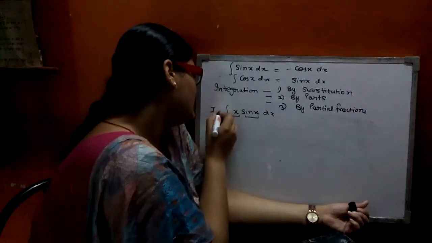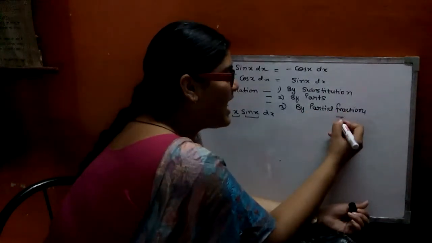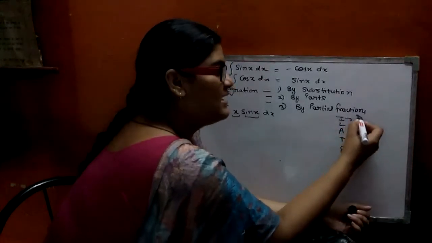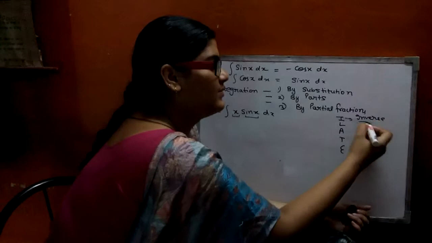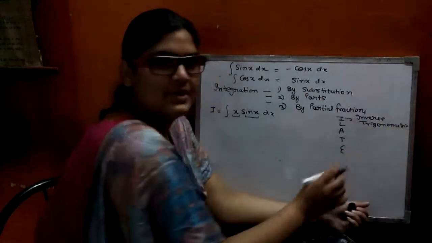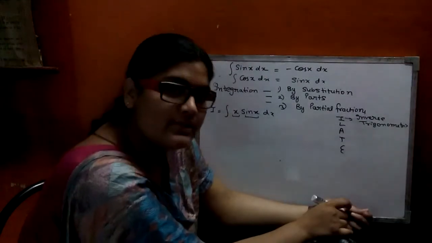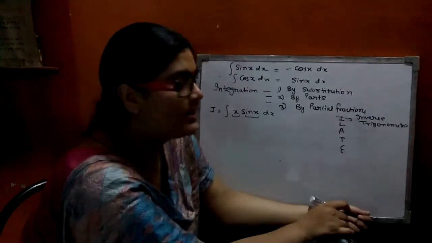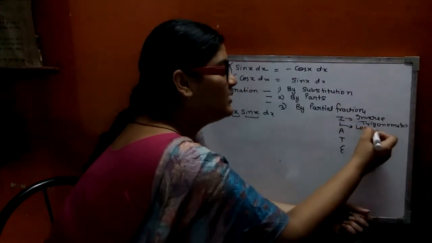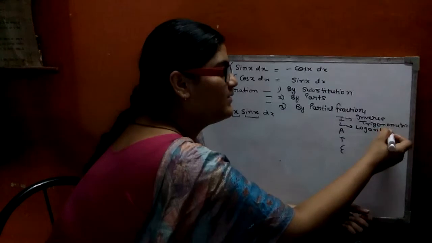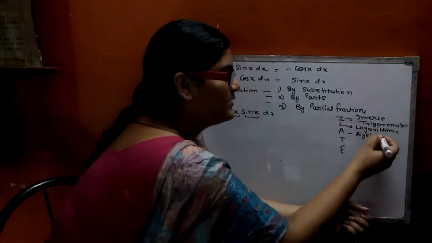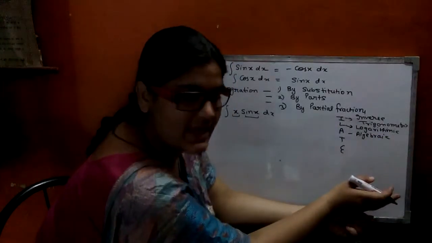Listen to me. The trick is ILATE. I is inverse trigonometric functions, like sine inverse x, cos inverse x, tan inverse x, cot inverse x, etc. L is logarithmic function, log x, etc. A is algebraic, x square, x cube, x square plus x.